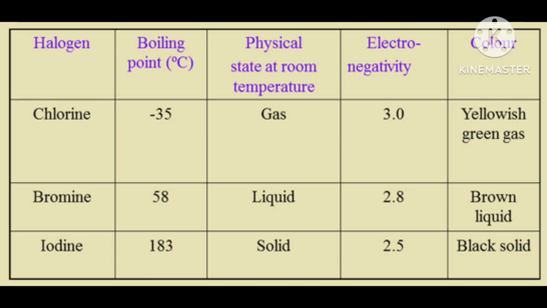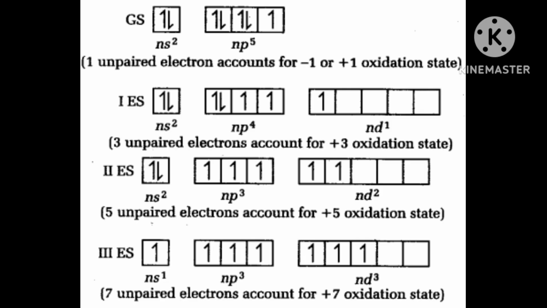The p subshell has three orbitals, px, py, pz. The 5 electrons are in these 3 orbitals: in px 2 electrons, in py 2 electrons, and in pz only 1 electron.